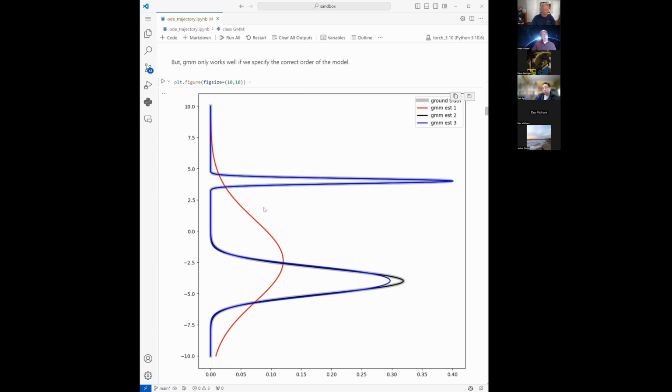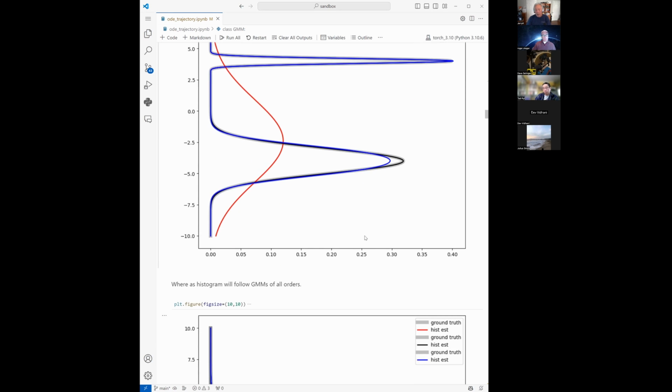The first order misses it altogether. The second order matches up, that'd be the black, which follows really well. And if I give it too many, then it starts to fall off. The blue falls off down here, and maybe overshoots a little up here. I thought at first I could just make it a higher order and it would always fit, but it doesn't fit as well as you'd think.